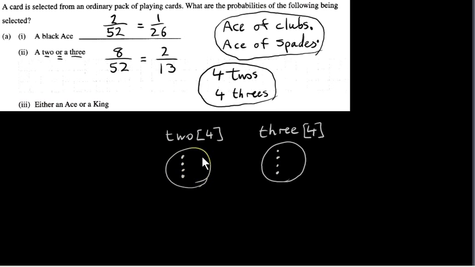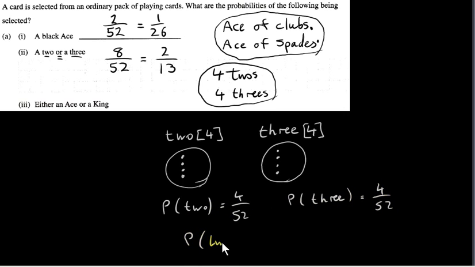So anyway, the probability of getting a 2 is the number of elements in here, which is 4 over the total 52. The probability of getting a 3 is 4 over 52. And by the OR rule, the probability of getting a 2 or a 3 is 4 over 52 plus 4 over 52, which is 8 over 52.